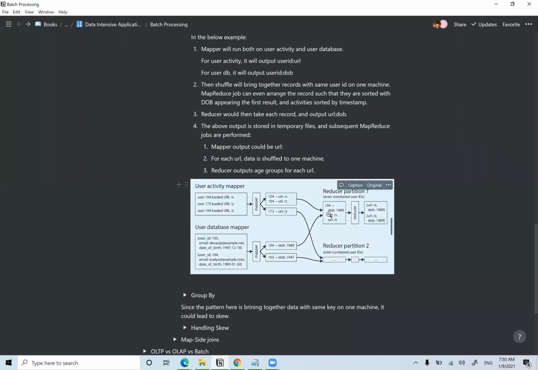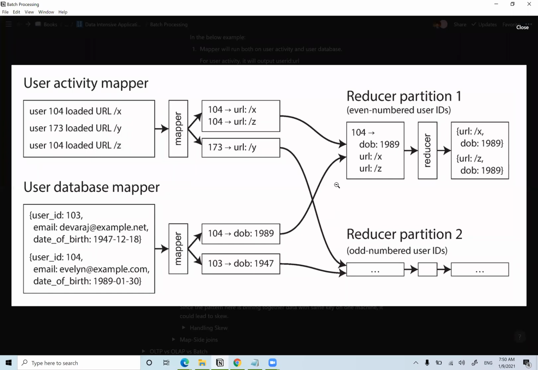Yeah, and if you look at this picture in the book, this is also not the entire process. The reducer has got this result: for this URL, this is the date of birth, and for this URL, this is the date of birth. But finally we wanted the age group for each URL, and we have not got the final output from this.